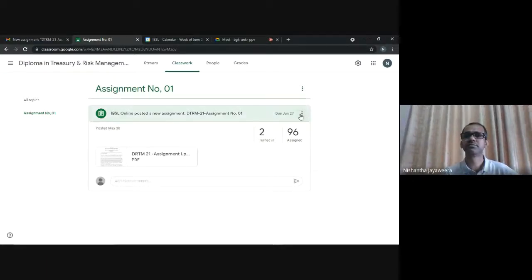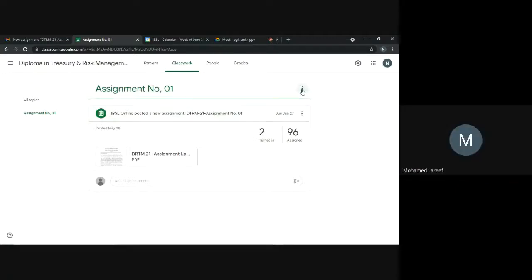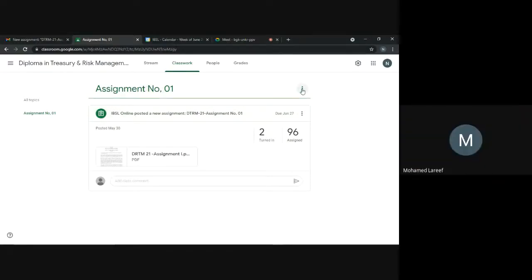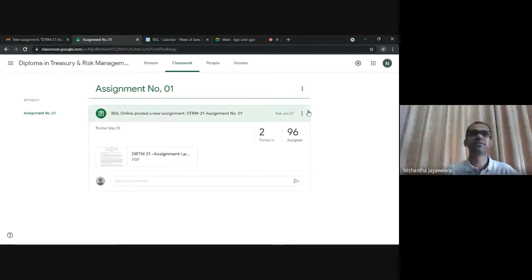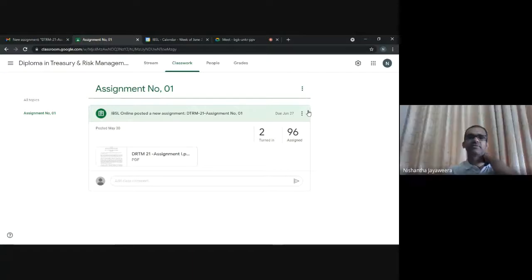You have to click add, and under that you can attach the file. Okay, thank you.